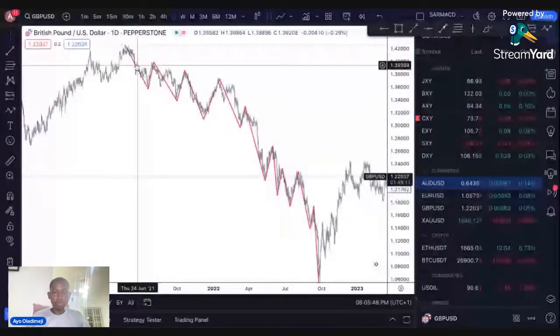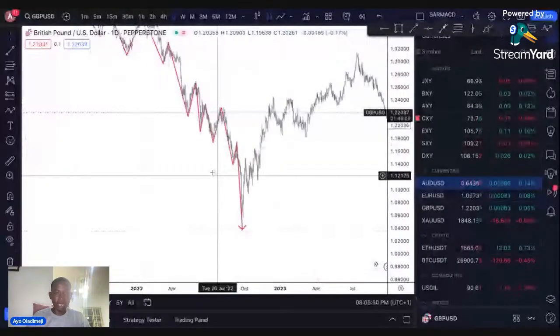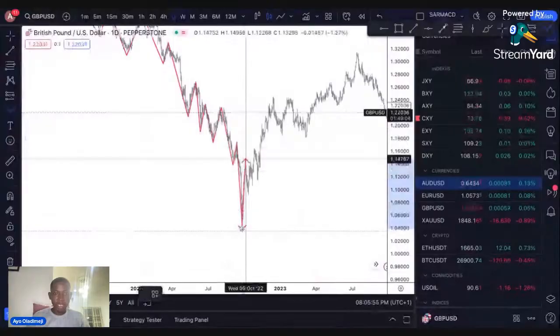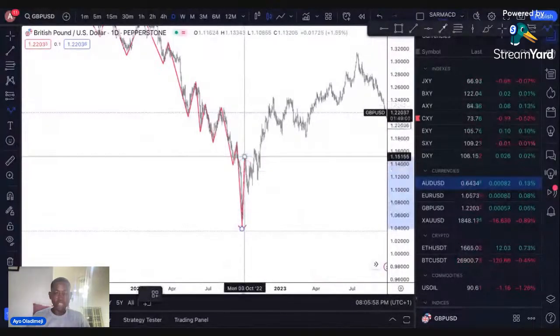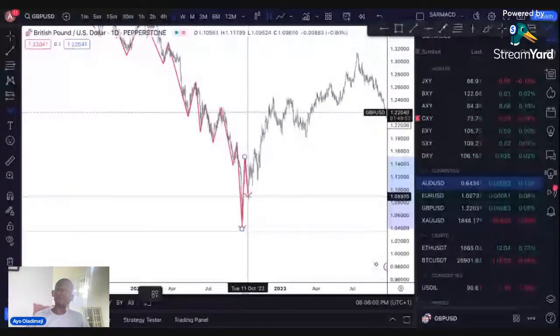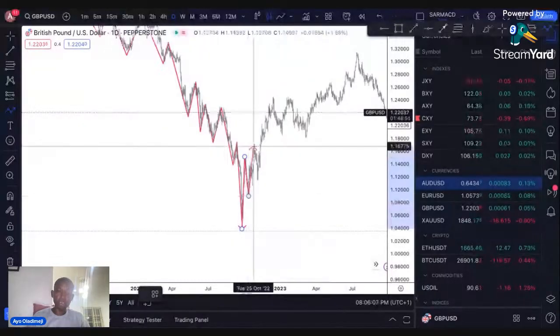But something changed, because after that time, it went up, gave us a lower high, but it did not give us a lower low. Instead of that, it gave us a low, or what you want to call a higher low. And then the next thing it did is that it broke.